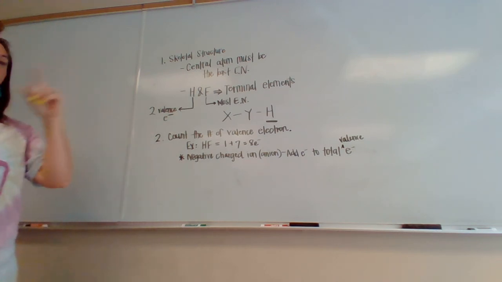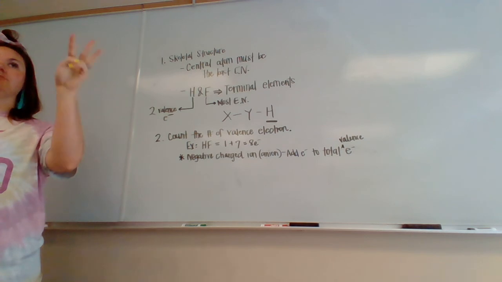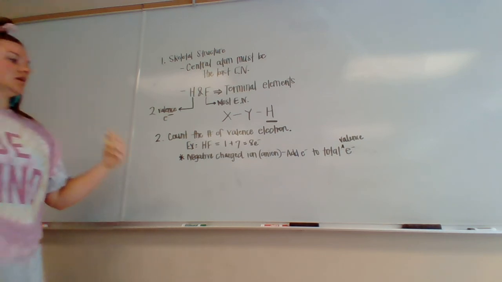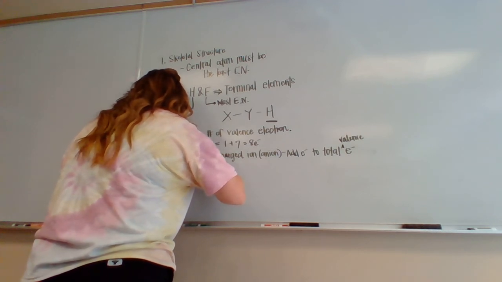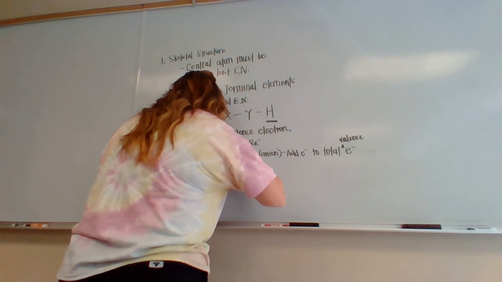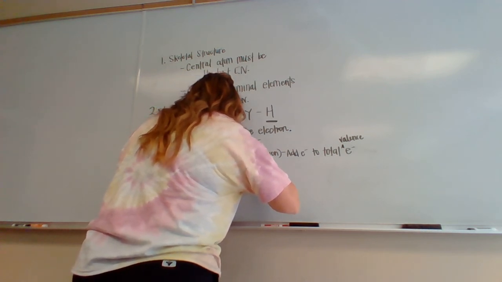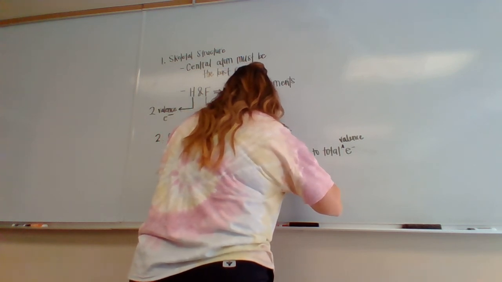If it is a -1 charge, you add 1. If it's a -2, you add 2, 3, etc. If you have a positive cation, you subtract.